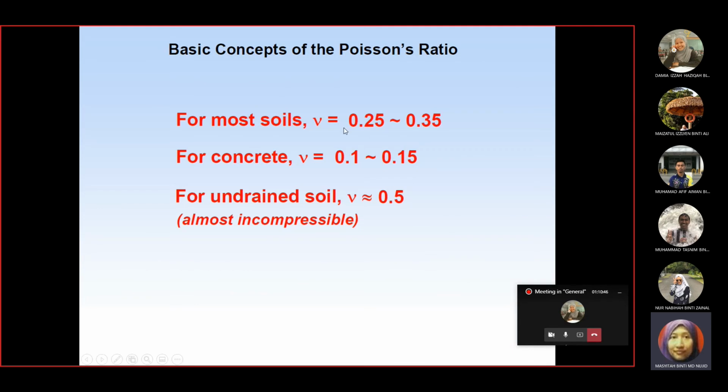Okay, this is the typical value of Poisson ratio for you to use. For example, we can opt for 0.25 to 0.35 or 0.45 or 0.5.